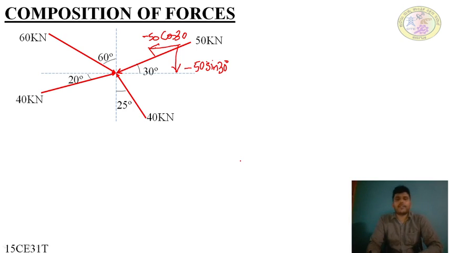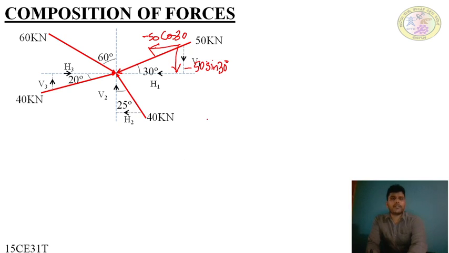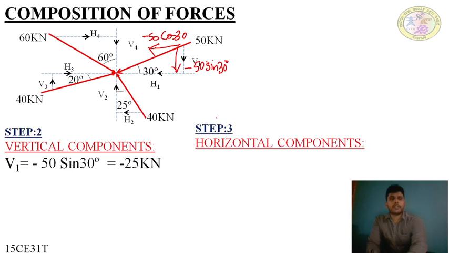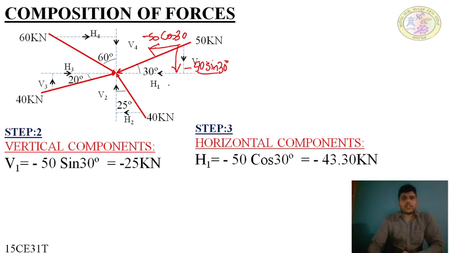Every force is divided into vertical and horizontal components. The vertical component is minus 50 sin 30, which is minus 25 kilonewton, and the horizontal component is minus 50 cos 30.